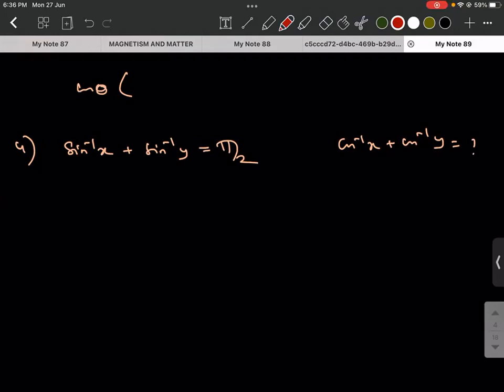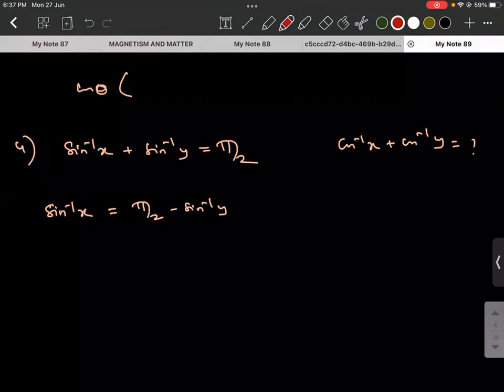Okay, listen to this. So sin inverse x, can I write it as pi by 2 minus sin inverse y? If I need to eliminate sin inverse, what is the trigonometric function I should consider on both sides?